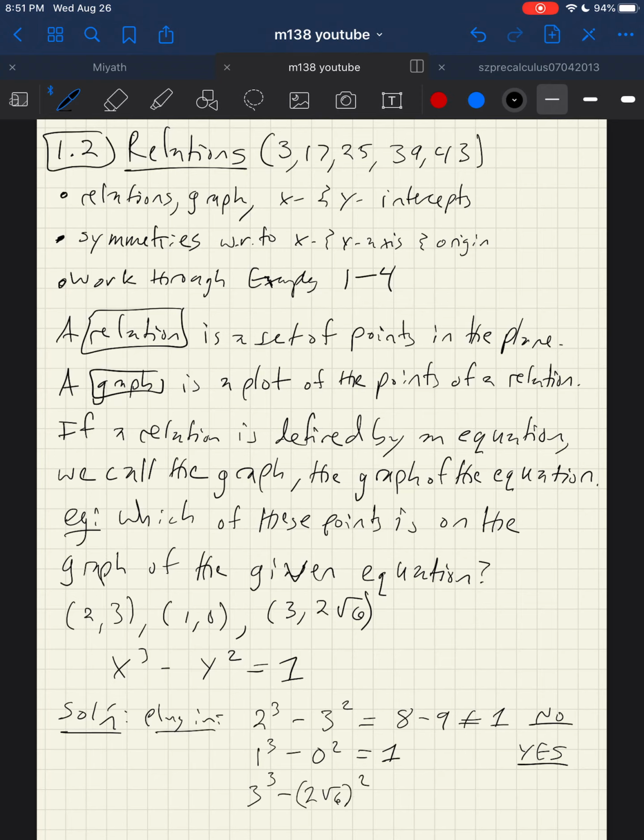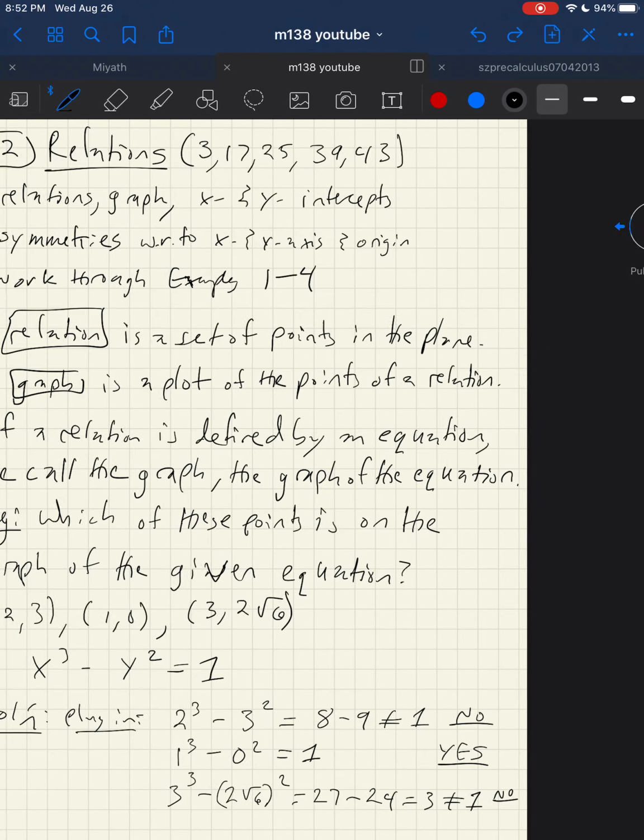That might take a little bit of work. 3 cubed is 27. (2 root 6) squared is 4 times 6, which is 24, so we get 3, not equal to 1, so again, no. And that's it. To figure out which of these points is on the graph of the given equation, all we need to do is plug those coordinates into the equation. Those that are on the graph will satisfy the equation, those that are off will not. That's it.